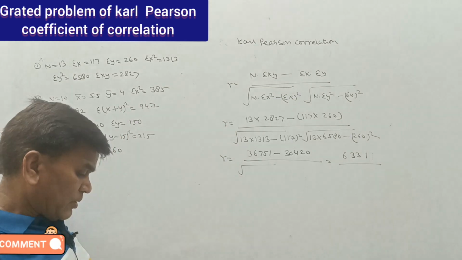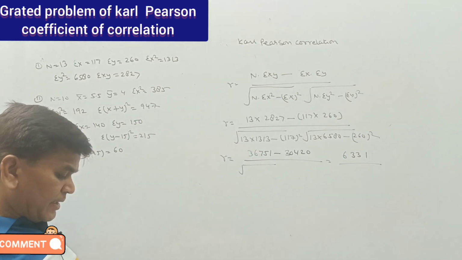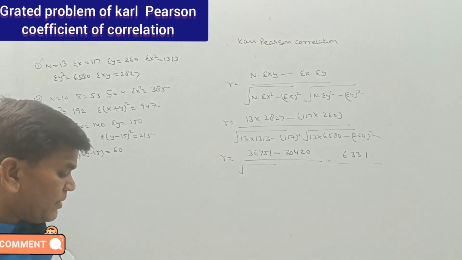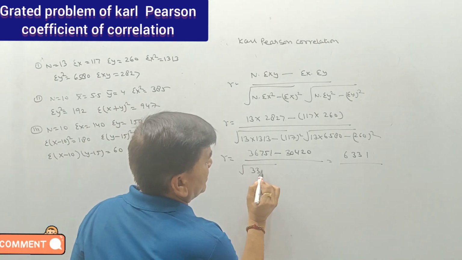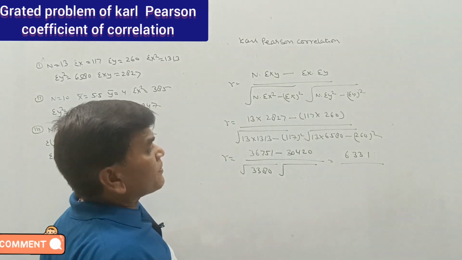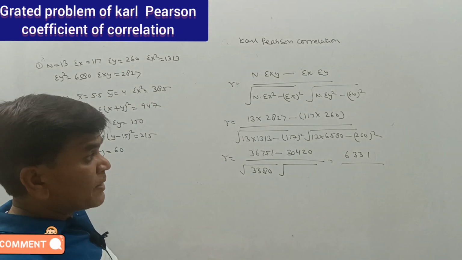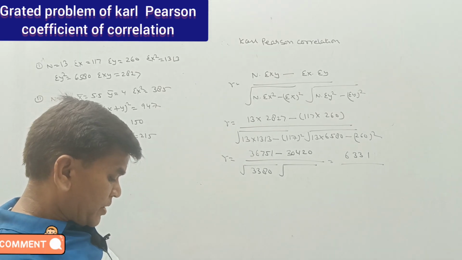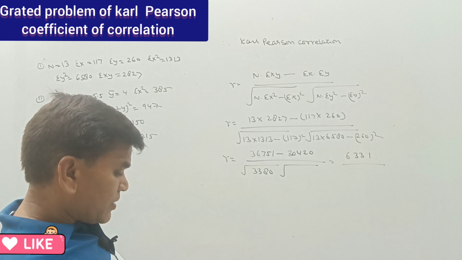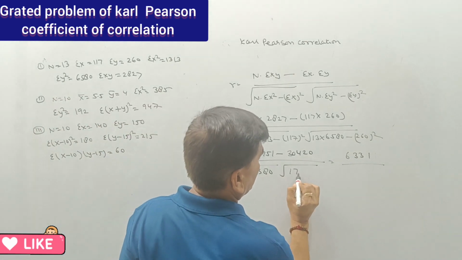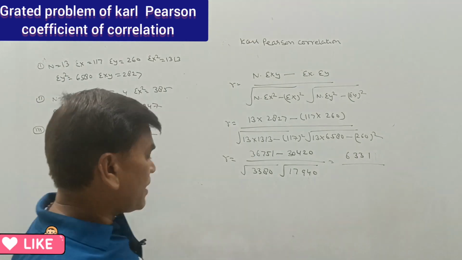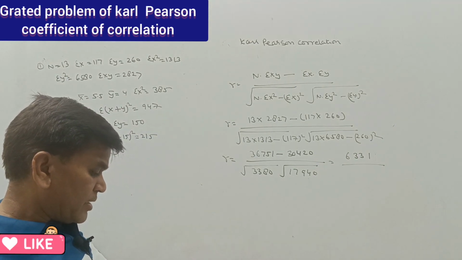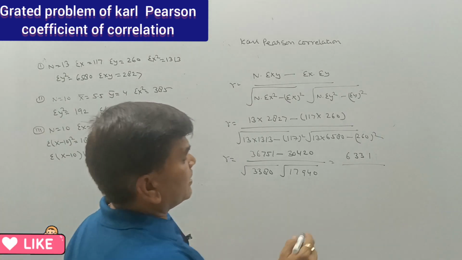Now 13 multiply 13 is the plus value, 117 multiply 117 is the minus value, so we get 3380 here. Then 13 multiply 6580 is the plus value, 260 square is the minus value, so 17940. So 17940 multiply 3380 under root is 7786.98.